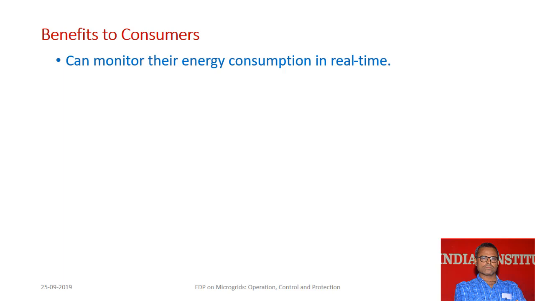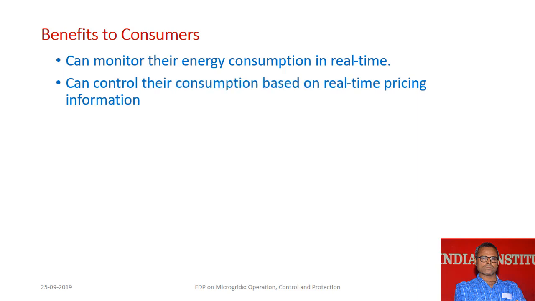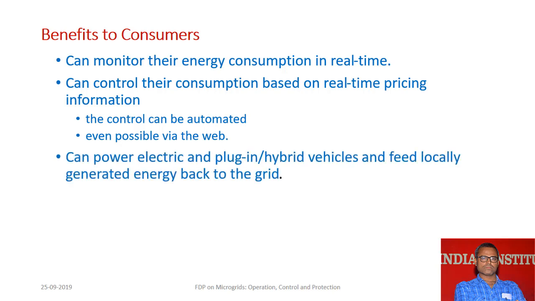So if we monitor the consumption in real time, we can easily choose the source and the seller, right? Then it can control their consumption based on real time pricing information. The control can be automated also, and even possible via the web. So through the use of IoT, Internet of Things, we can also achieve this by controlling our consumption. Right? It is also possible.